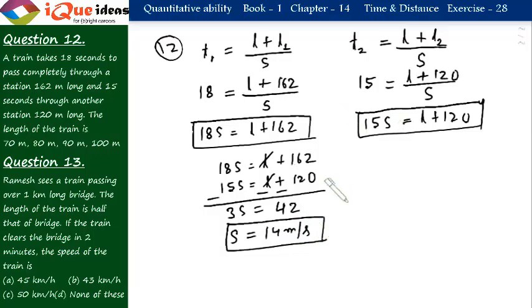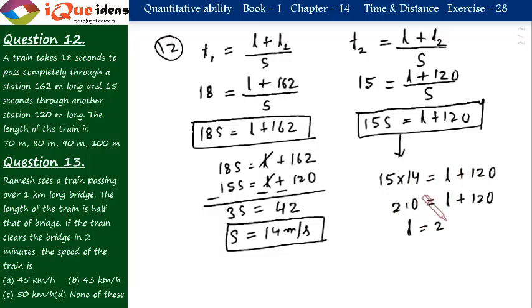Now in any one equation, let's say the second one, if you put the value of S, it will become 15 into 14 equals L plus 120. So 15 into 14 is 210, equal to L plus 120. So the length of the train would be 210 minus 120, that is 90 meters.